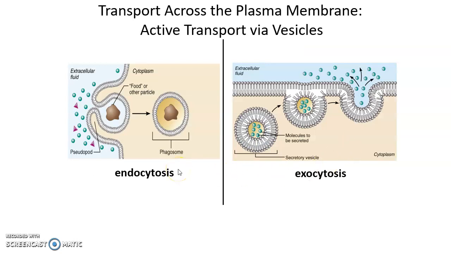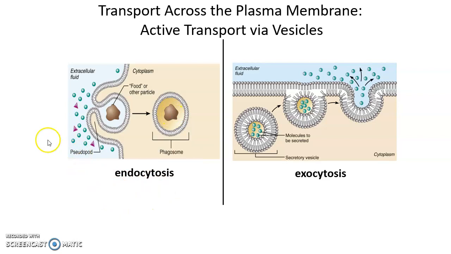Materials can also move into or out of the cell using vesicles. Vesicles are spheroids made up of the phospholipids. So these are very similar structurally to the plasma membrane. And they can bring things in via endocytosis. So say a large food particle, the plasma membrane can form pseudopods that surround that particle. Then the pseudopods meet, pinch off, forming a vesicle inside of the cell, holding that food particle.